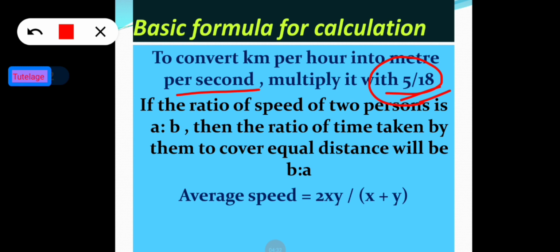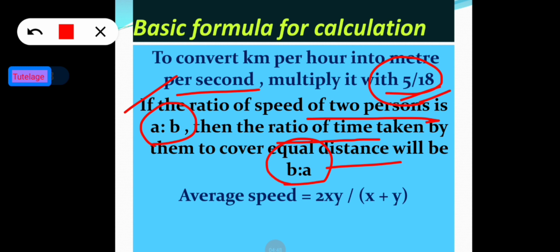And now going to the next one, that is, if the ratio of speed of two persons is A is to B, then the ratio of time taken by them to cover equal distance will be B is to A. Just reverse, okay?